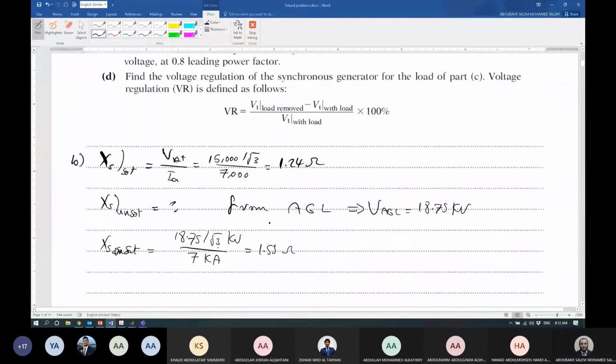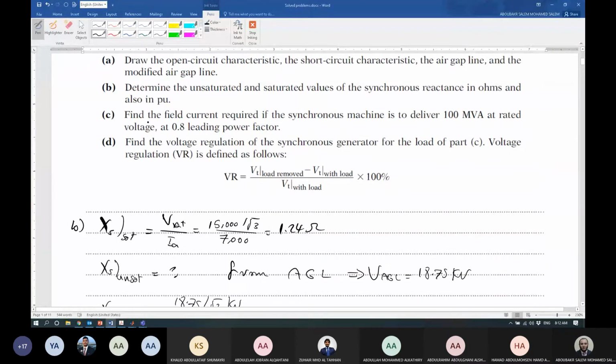طيب. So number C, find the field current. Do we have any relation يا شباب to calculate field current? Do we have any relation in our course that we use to find field current of a synchronous machine? We don't have any relation for field current.